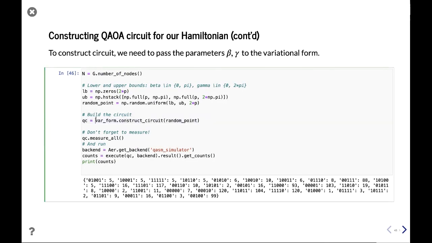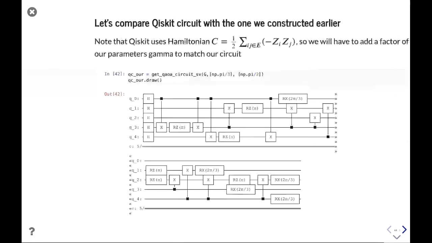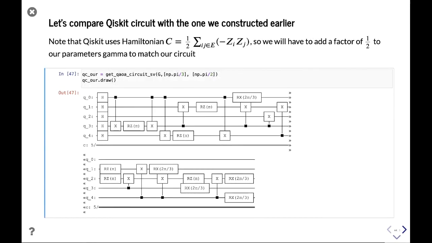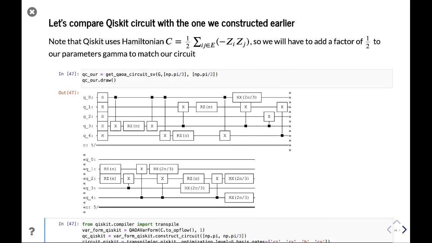So the method is variational form to construct circuit, and you have to plug in some parameters. Measure and run it on Qiskit, and you'll get some counts out, similarly to how we did with the circuit that we've built ourselves from gates. And by comparing these two circuits, it doesn't fit on my screen, so you'll have to believe me, but it's the same circuit.